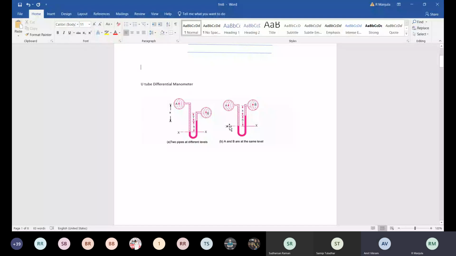Since we know the difference between x and y, I think we can't do that. We have to know the individual values of x and y, because rho 1 and rho 2 are different, and it is like rho 1 g x and rho 2 g y and rho 1 g x. So you need x and y separately, because we have to multiply them with different numbers.